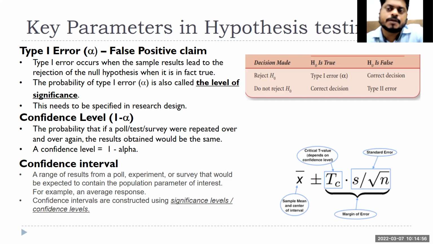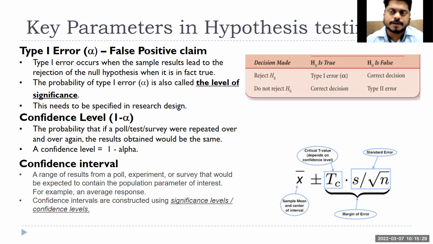So what does it mean? There is a 5% chance that I might be mistaken. I might say I'll get 60, but there is a 5% chance that I might get some other score. Same thing here with type 1 error. When collecting data, there might be certain issues with the data collection, or the data itself is corrupted.